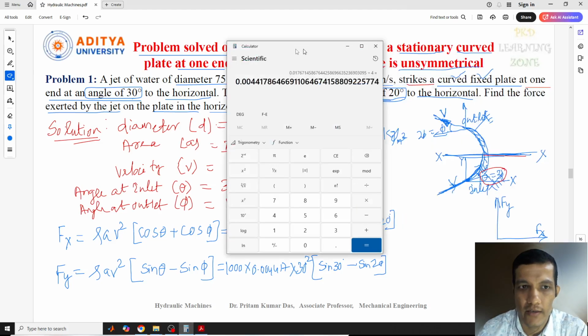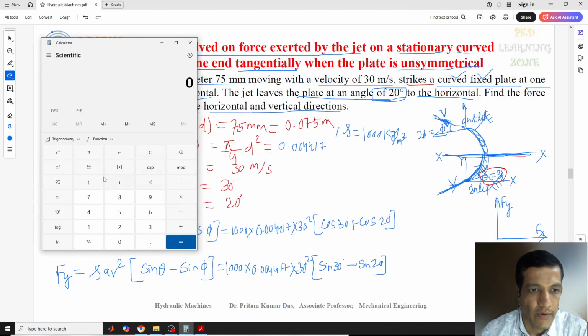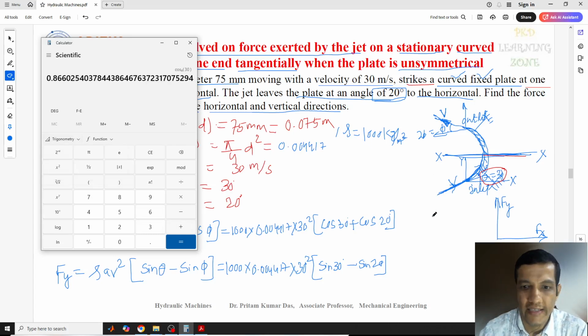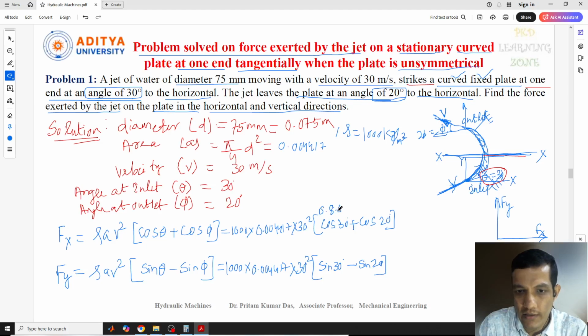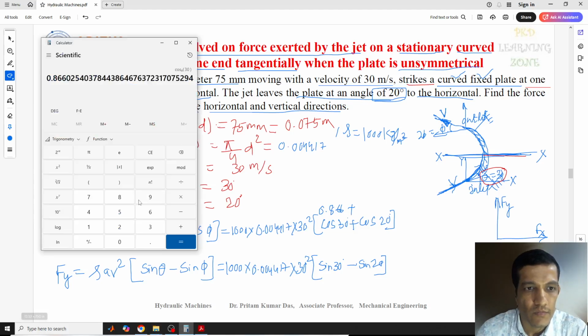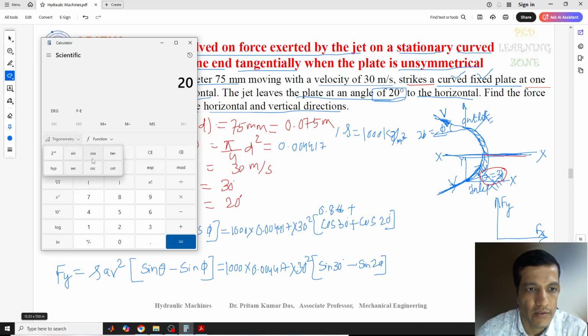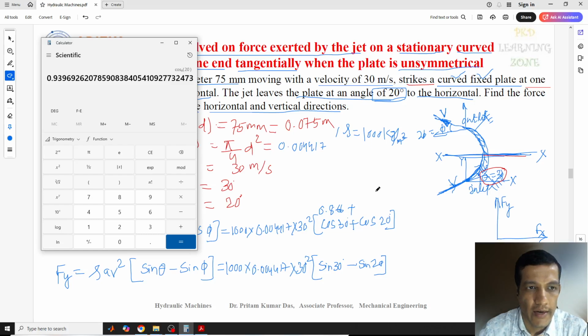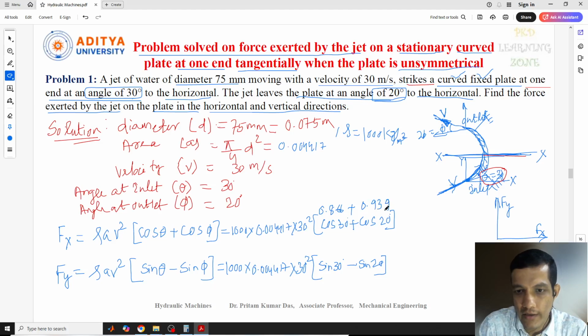First of all, I'll find out the values of the trigonometric terms. Cos 30 is 0.866, so I write 0.866 here. Cos 20 is 0.939, so I write 0.939.